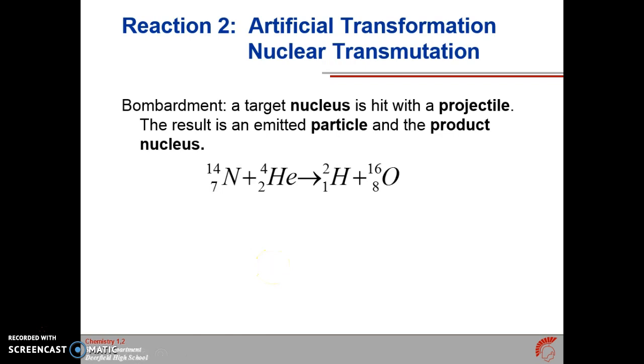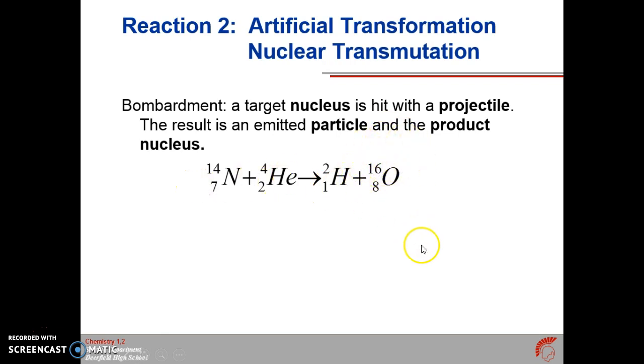So here's an example of one of the earlier ones. This is actually one of Rutherford's experiments. He took nitrogen-14, shot alpha particles at it, and wound up ejecting a very small hydrogen nucleus, so one proton, and then wound up with a new element.